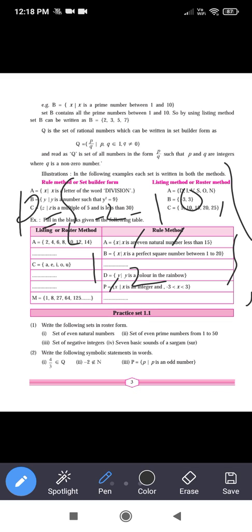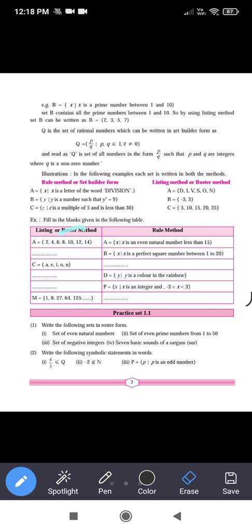Now next one and last one. See the set M. It is given in listing form. We have to write it down in the rule method. Set M is the set of 1, 8, 27, 64, 125. Now here we have to find out the relationship between the numbers present in this set.